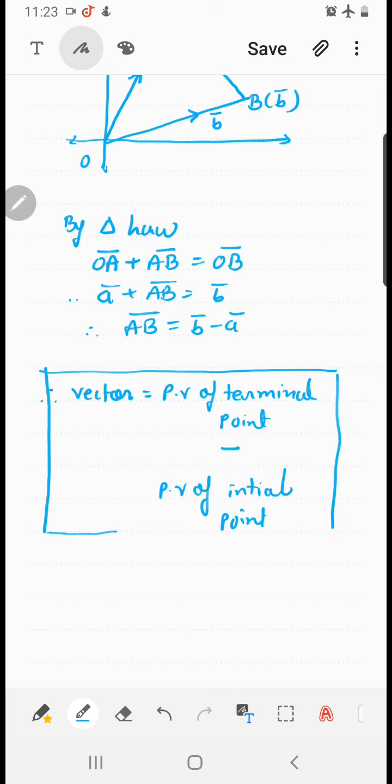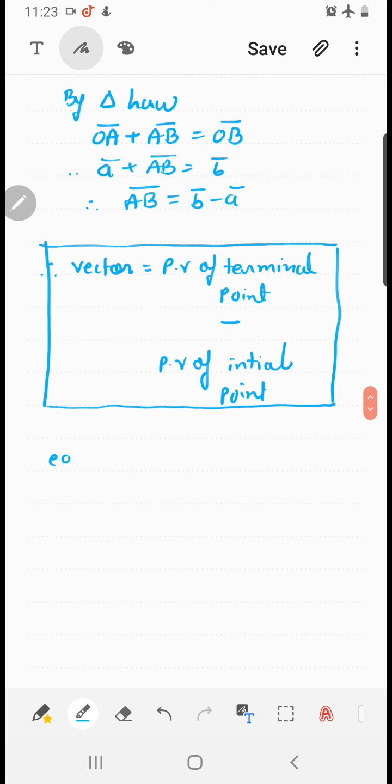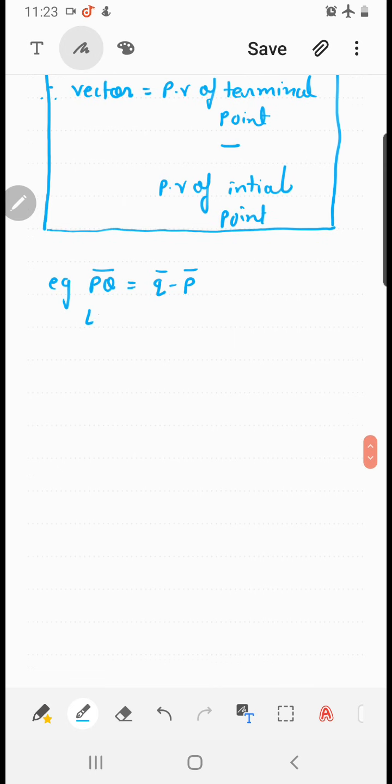So, from now on, any vector can be written in its position vector form. Let us take an example. If I say PQ bar, you should say Q bar minus P bar. Likewise, if I say LM bar, you will say M bar minus L bar.